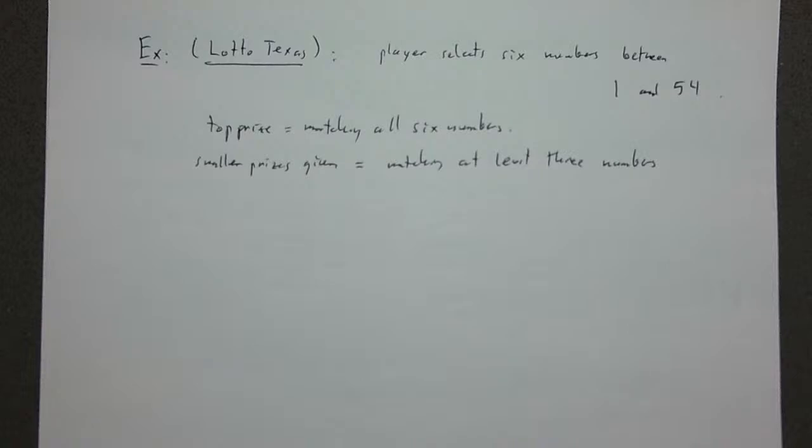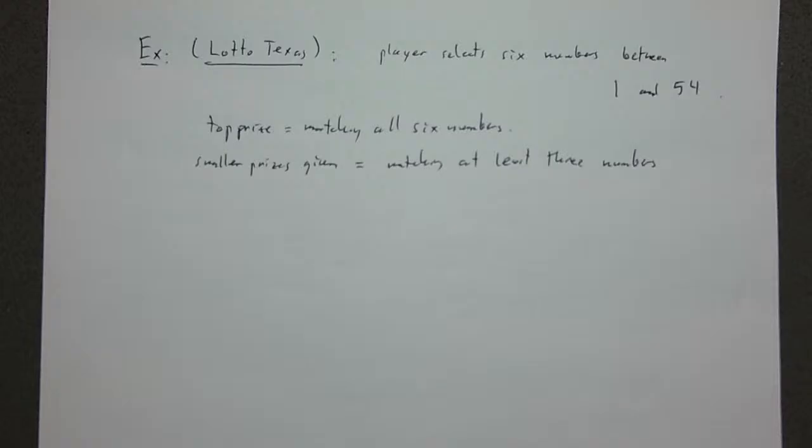I mean, obviously you're picking 6 numbers between 1 and 54. A drawing takes place, a random drawing of, say, ping pong balls that have been numbered appropriately from 1 to 54. This is randomly generated in some way.